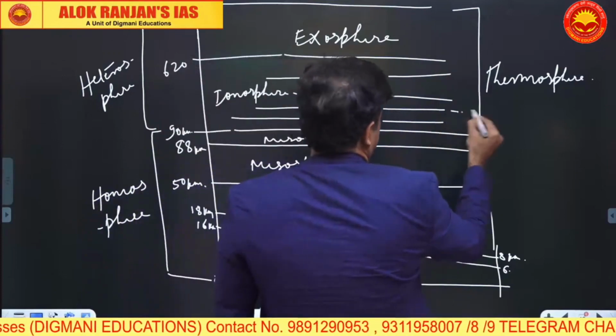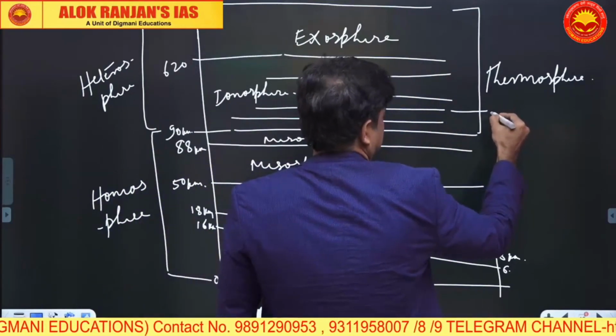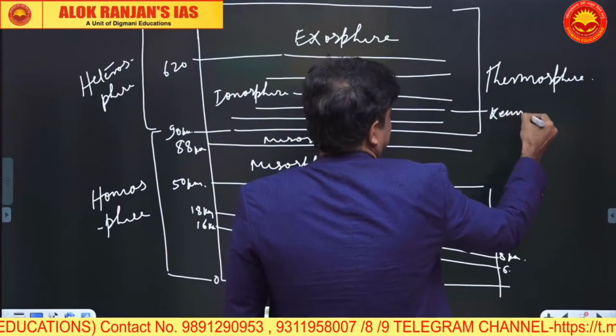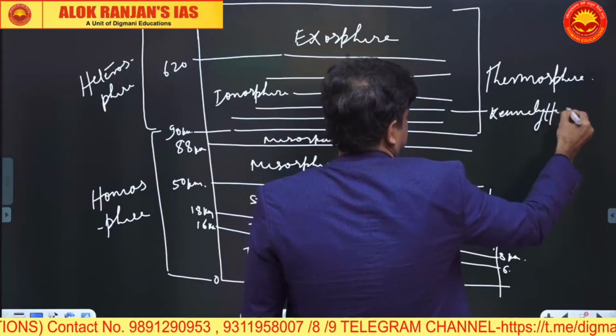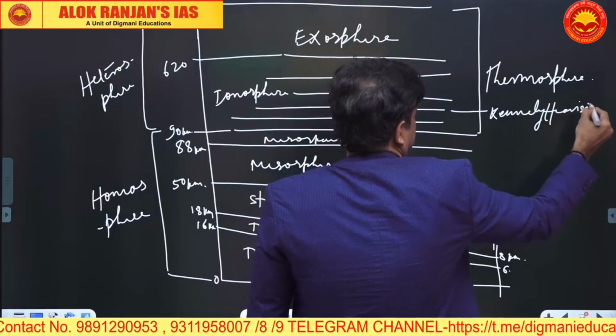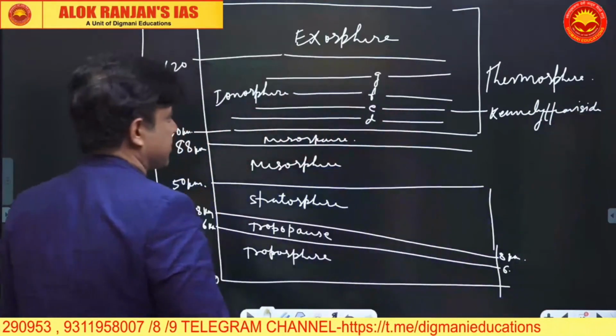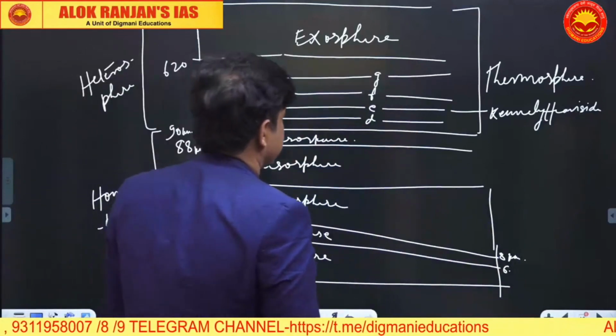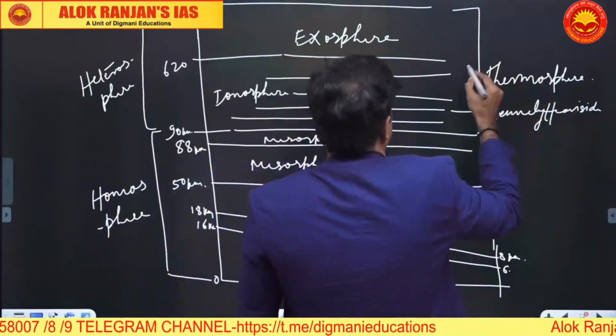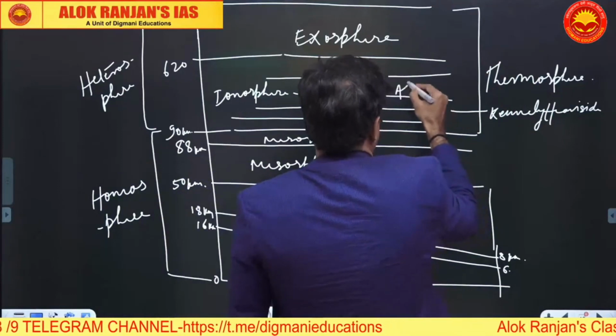Now this E is important because this is called Kennelly Heaviside and it has a significant role in the communication services. So E is Kennelly Heaviside and F is called Appleton.